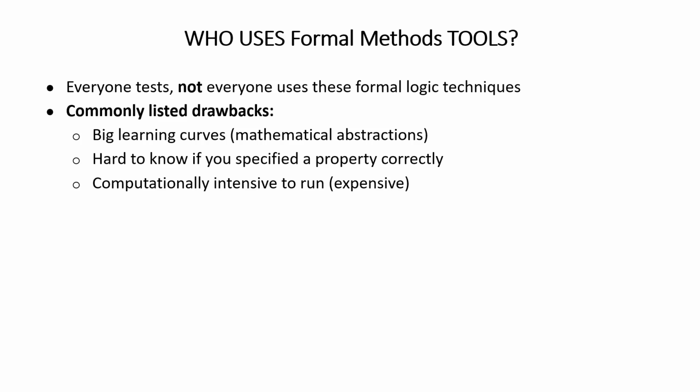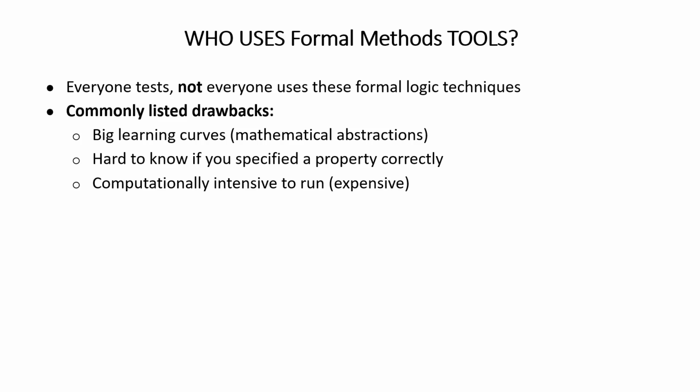And yeah, it's usually hard to know if you specify the property correctly. For our example with the train and the taxis, it's probably easy to see that this line corresponds to that line, but often there's not this easy one-to-one correspondence, and complex systems usually tend to have also very complex specifications. So that's also difficult.